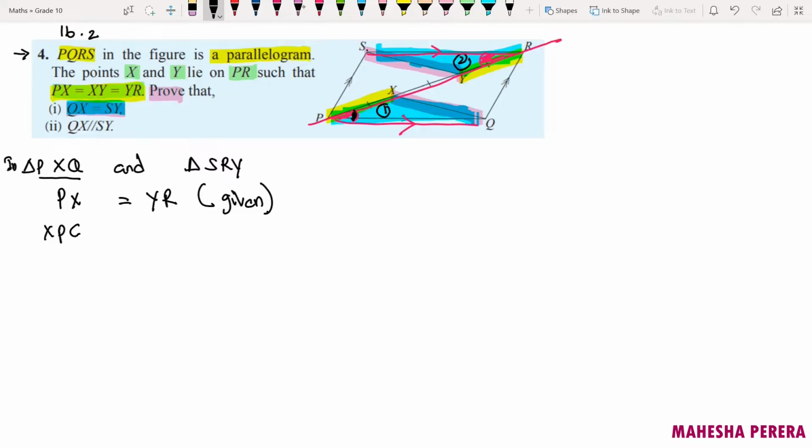XPQ equals this angle, let's call it YRS, or you can say SRY. Let's say SRY.